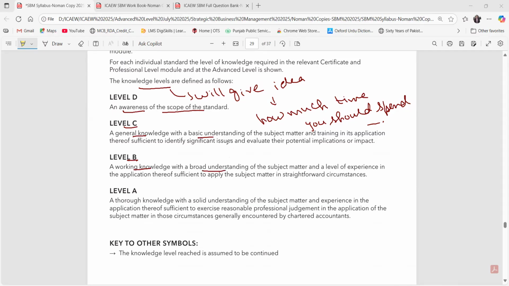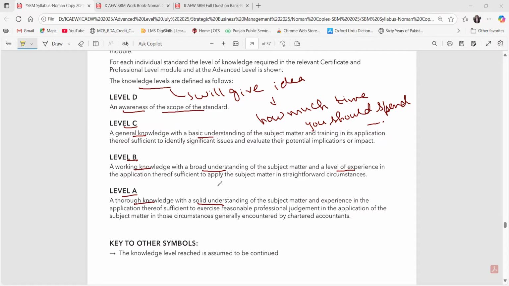So you would be assumed to have good experience, good knowledge, good skills. And level A means thorough knowledge, comprehensive knowledge with a solid understanding of your subject matter. That is level A.